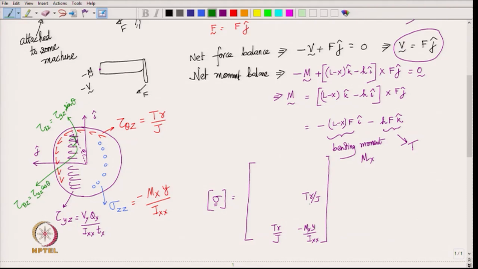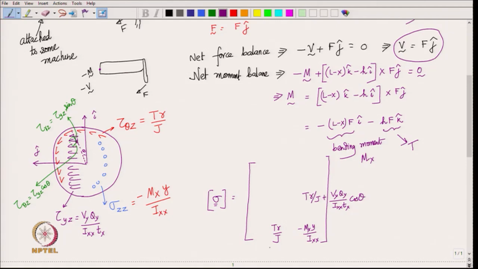So, we can simply plug it here, and we have plus V y Q y over I x x into T x into cos theta.